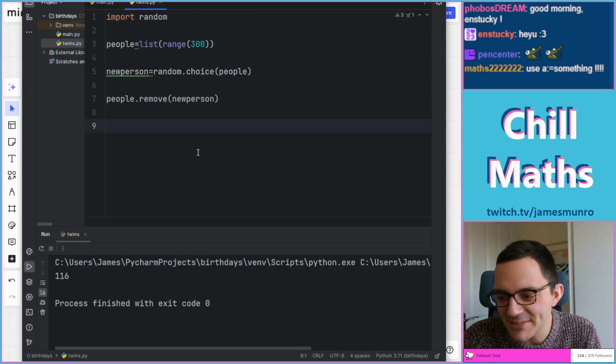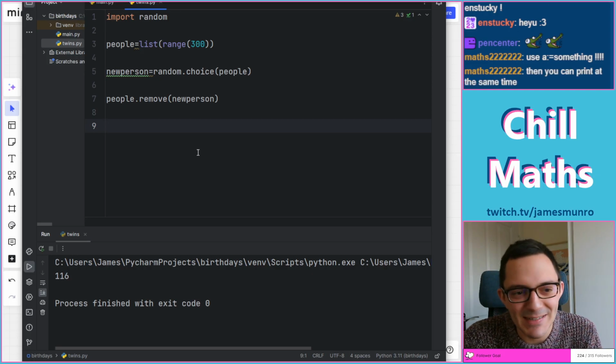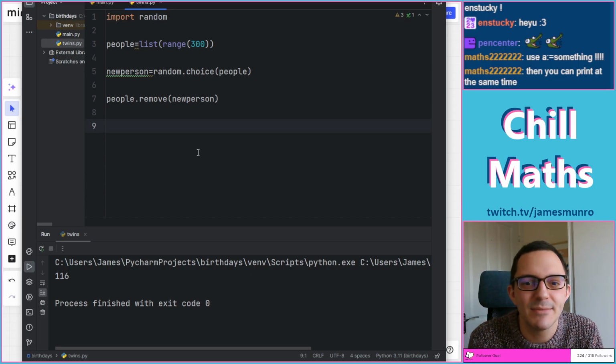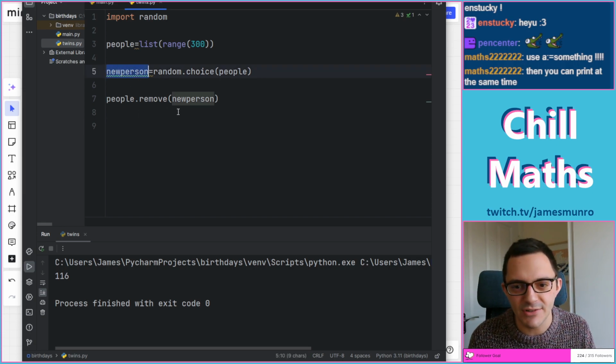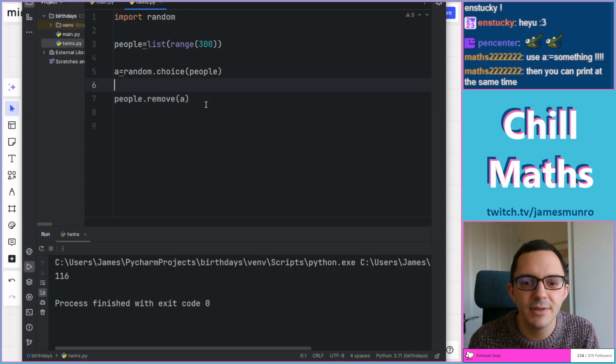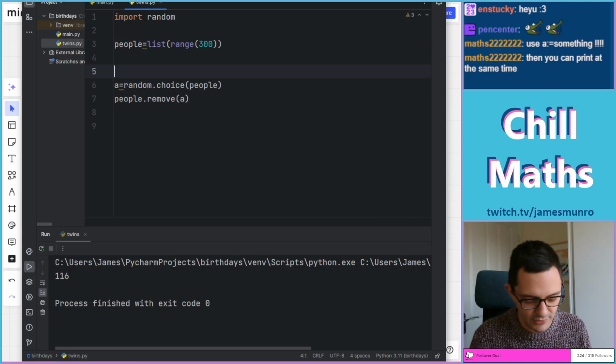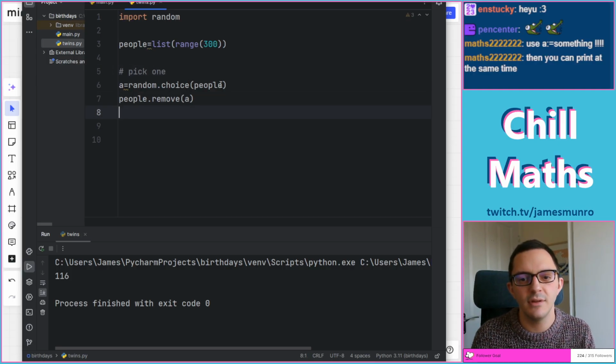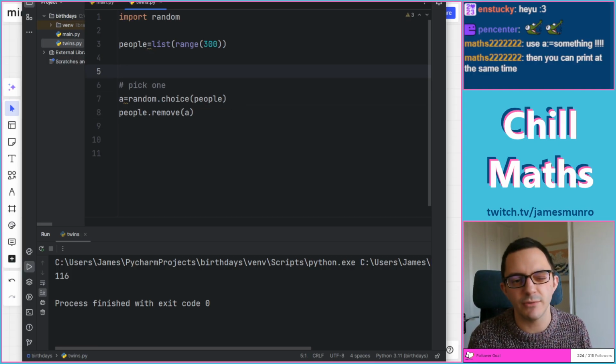No, I'm not doing the walrus thing. I've heard of the walrus thing. I'm not doing it. I don't really want to print at the same time. I will take your suggestion of just renaming this to the letter A, which is the thing that I always want to do. Okay, so this is sort of pick one. And we're going to wrap this up in a sort of while loop, maybe? No, I can't be bothered.